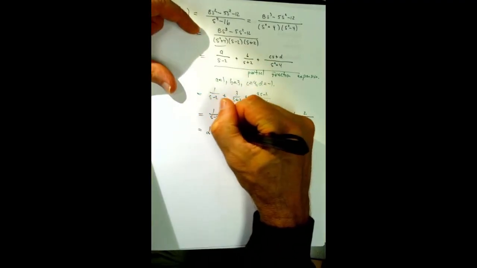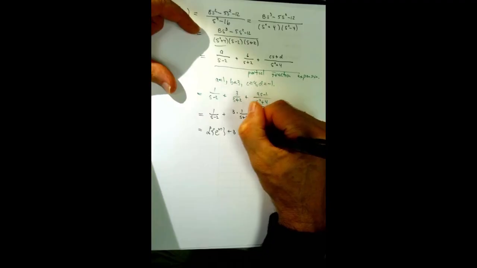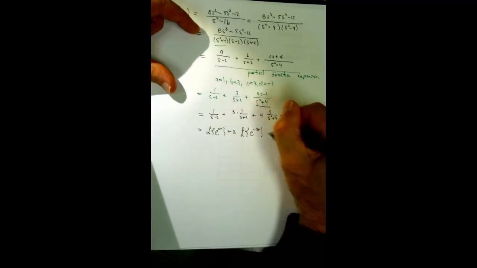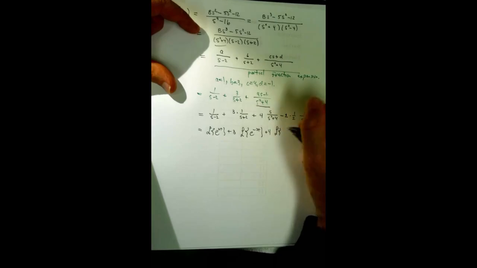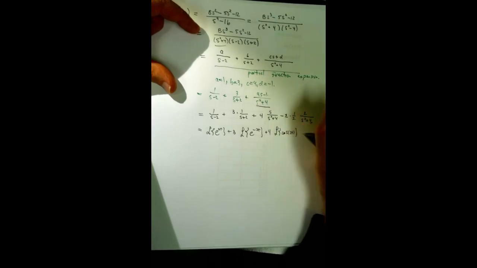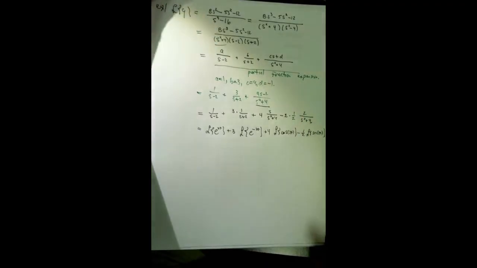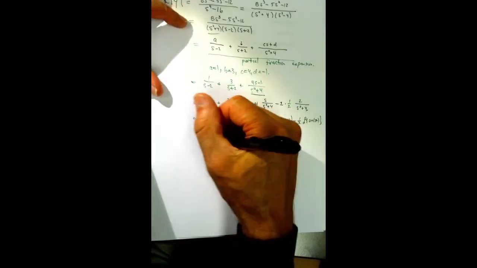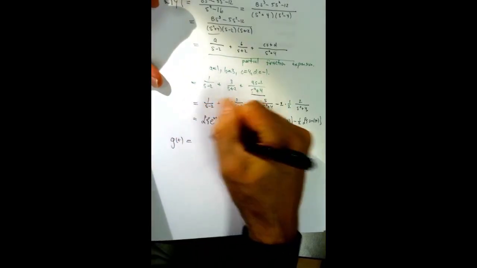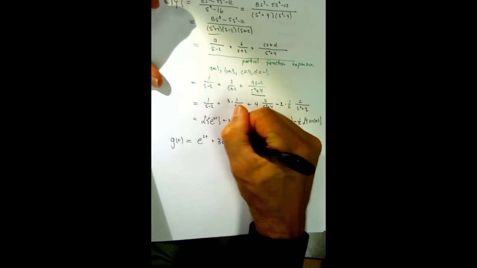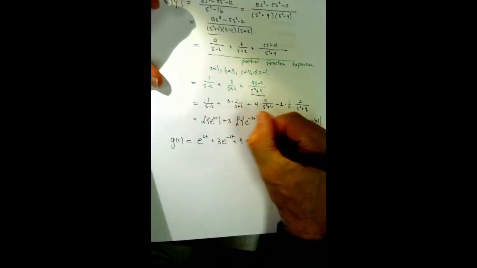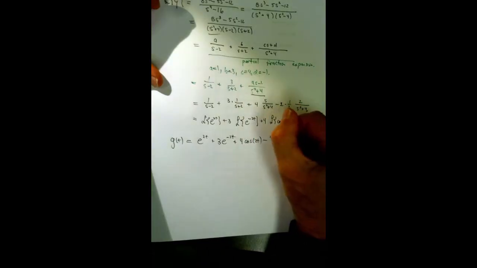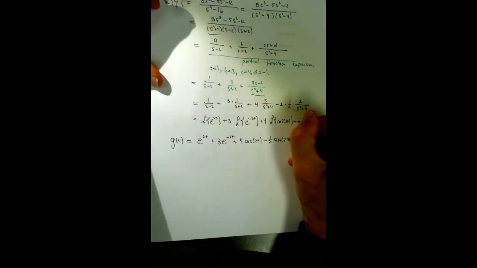So this becomes the Laplace transform of e to the 2t plus 3 times the Laplace transform of e to the minus 2t plus 4 times the Laplace transform of cosine of 2t minus 1/2 Laplace transform of sine of 2t. Careful. Okay. So that means my g is e to the 2t plus 3e to the minus 2t plus 4 cosine of 2t minus 1/2 sine of 2t.